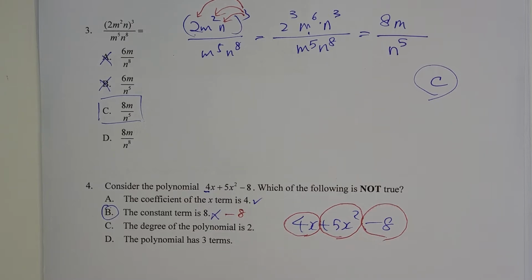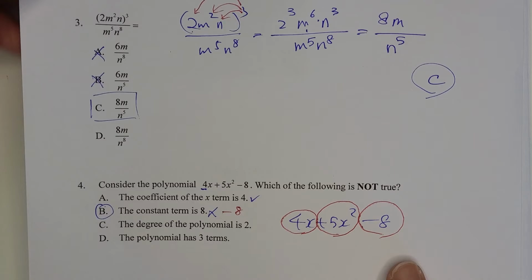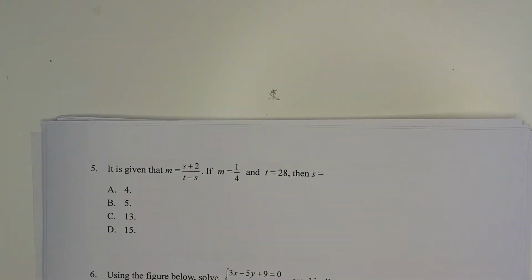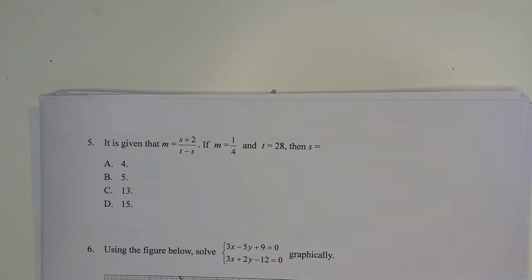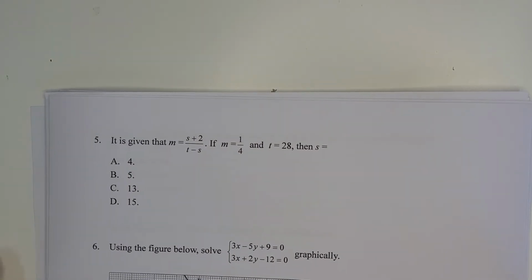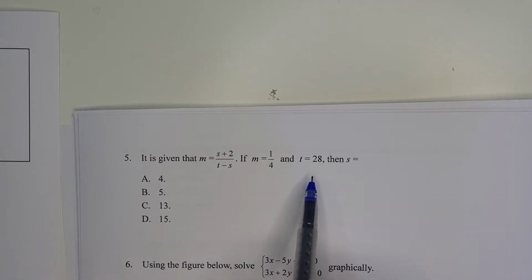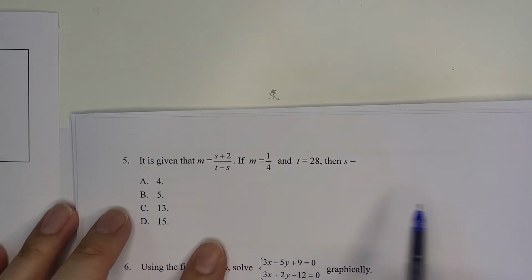And then let's move to question number 5. It is given that m equals s plus 2 over t plus s, and m equals 1 over 4, t equals 2 over 28, find s.